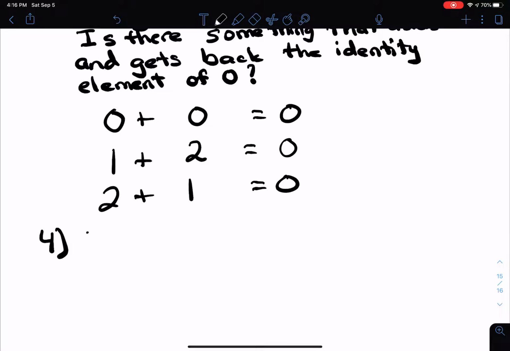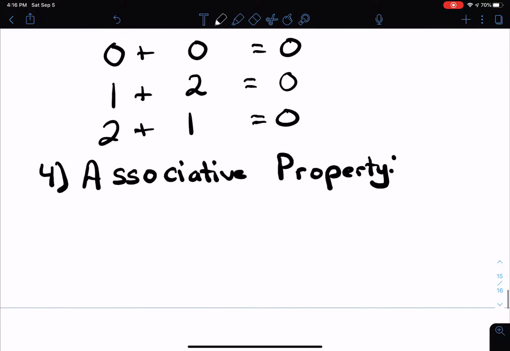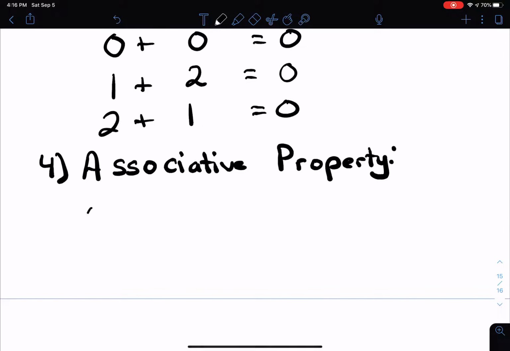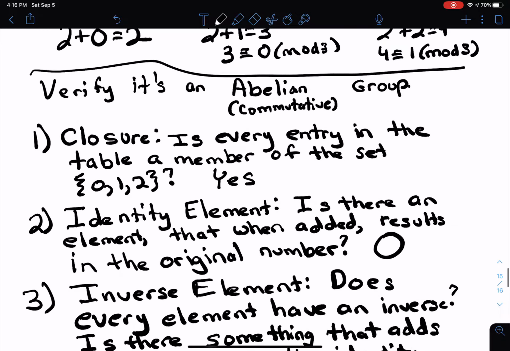Number 4, associative property. That's the one with the parentheses. Can we take (0 plus 1) plus 2 and get the same answer as 0 plus (1 plus 2)? All right, going up to our chart, 1 plus 2.